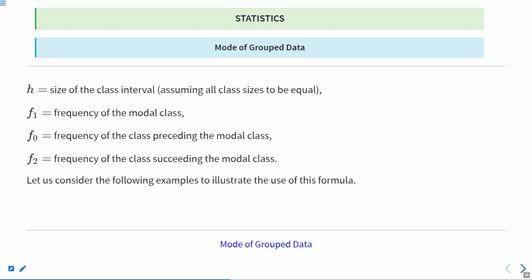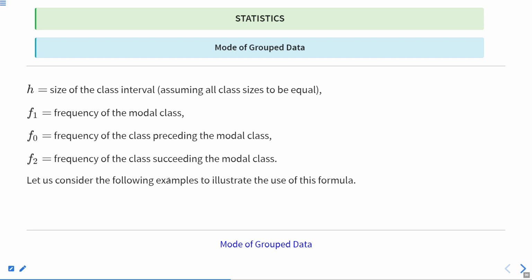We assume the class sizes to be equal. f1 is the frequency of the modal class, f0 is the frequency of the class preceding the modal class, and f2 is the frequency of the class succeeding the modal class.